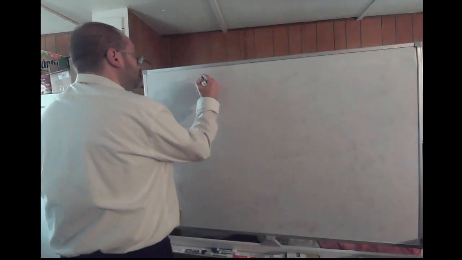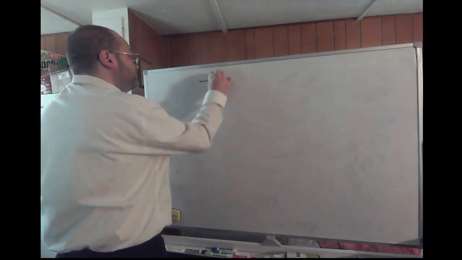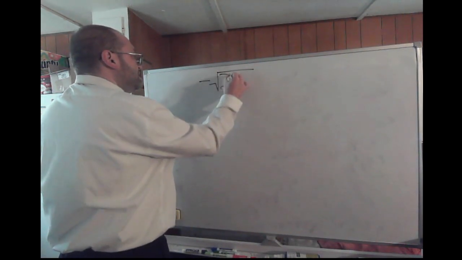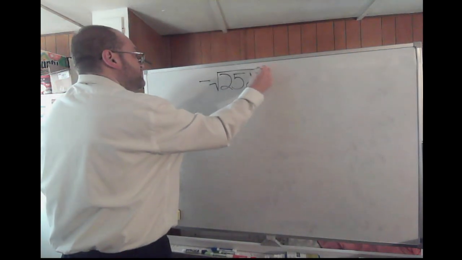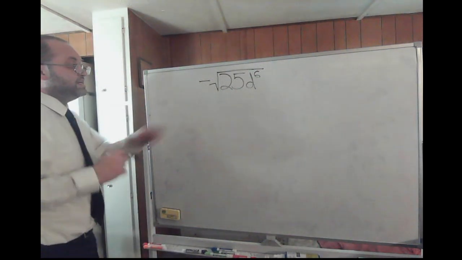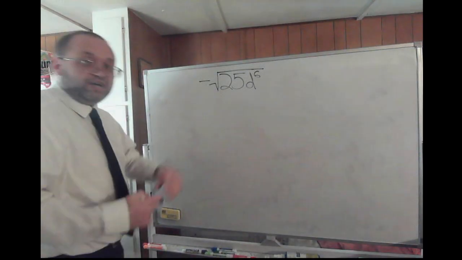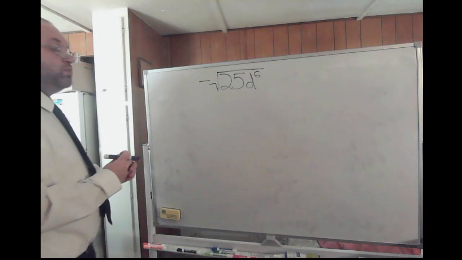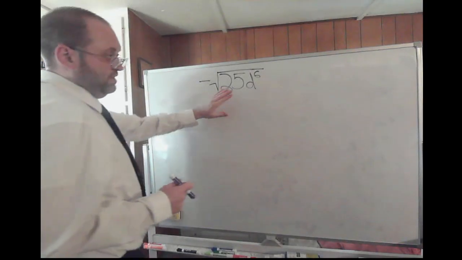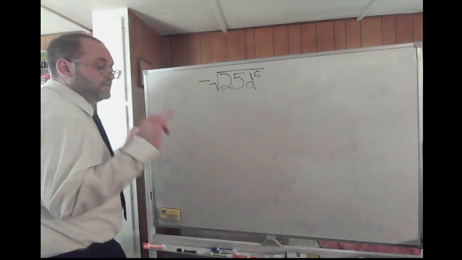All right. We have negative of the square root of 25d to the sixth. So we have negative of the square root of 25d to the sixth. Well, once again, only one of the square roots we split it into is going to need the negative sign.